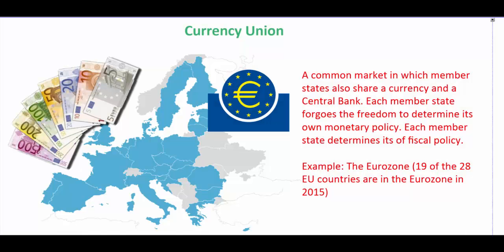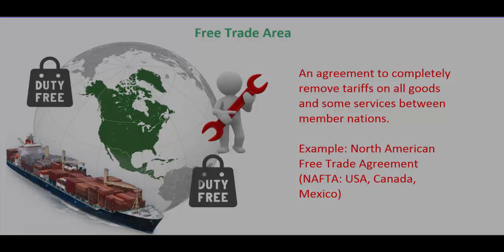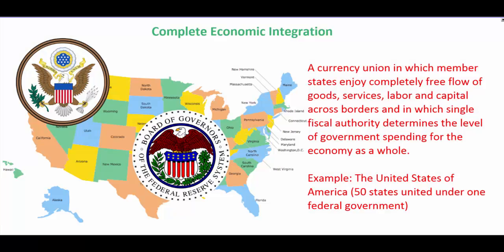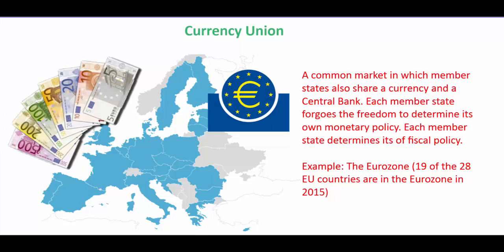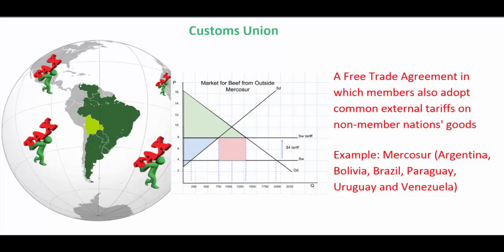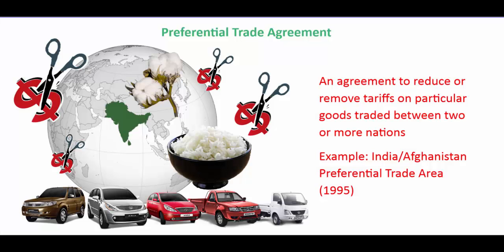In the fifth stage of integration, my trading partners gave to me a common currency, free movement of labor and capital, agreed upon external tariffs, free trade in all goods and services, and access to certain products duty-free. In the sixth and final stage of integration, my trading partners gave to me a single fiscal authority, a common currency, free movement of labor and capital, agreed upon external tariffs, free trade in all goods and services, and access to certain products duty-free.